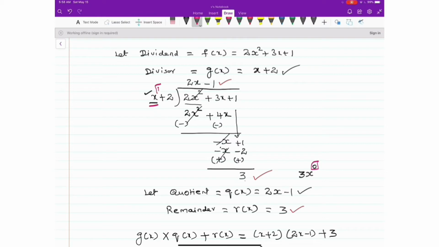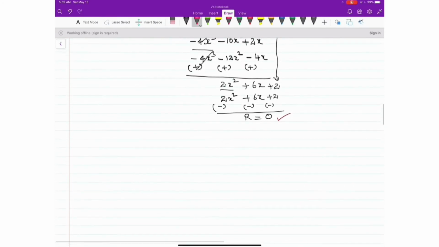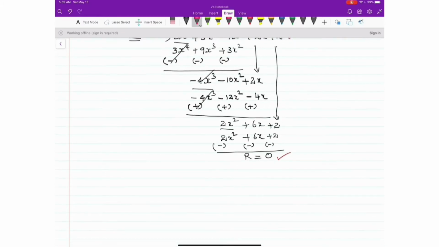So the degree of the divisor is 1. Or in other words, we stop the division process when the degree of the remainder is lesser than the degree of the divisor. Or we stop the division process when the remainder is 0. So this point also should be kept in mind.